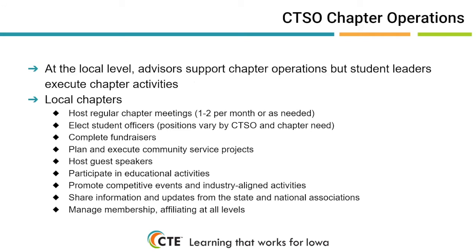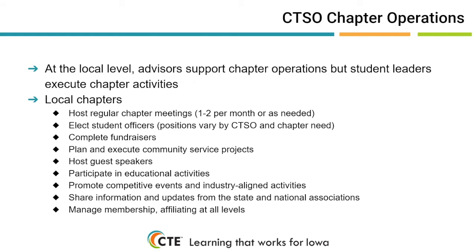CTSO chapter operations. At the local level, advisors are the individuals tasked with supporting chapter operations, but it's actually the students who execute those chapter activities. The individual who is the advisor is to advise, not to do. Local chapters will hold regular chapter meetings, commonly 1 to 2 per month, or additional as needed.